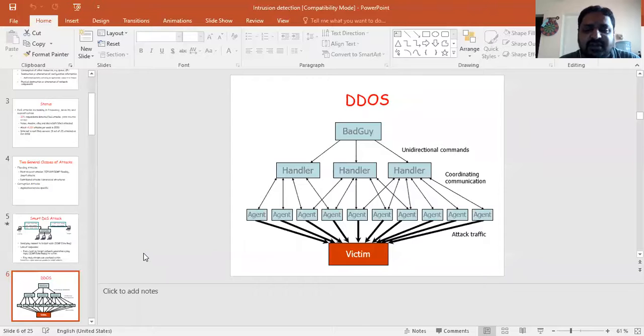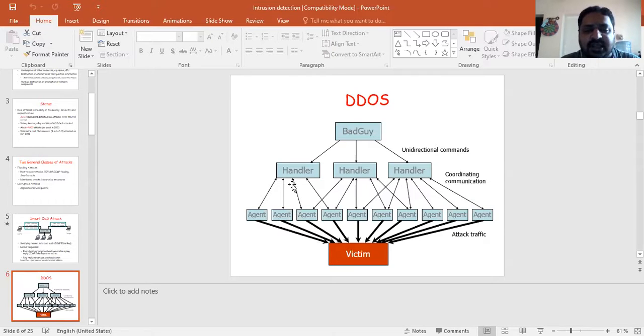This figure further explains how the distributed denial of service is applied by the attacker. For example, there is a system here that is a victim, and there is an attacker here. It is going to launch an attack on the system.